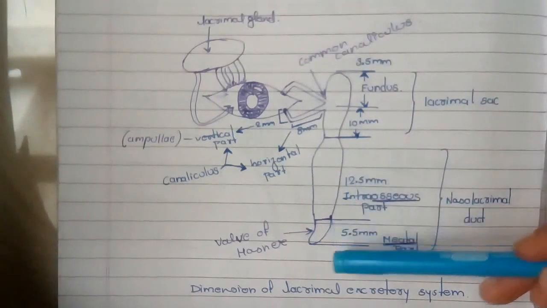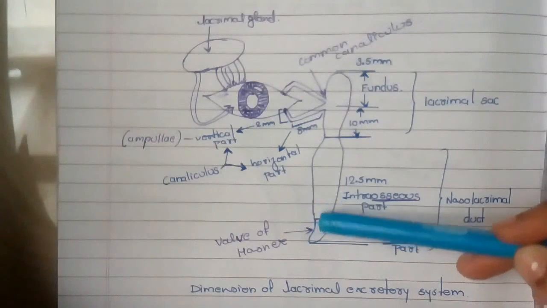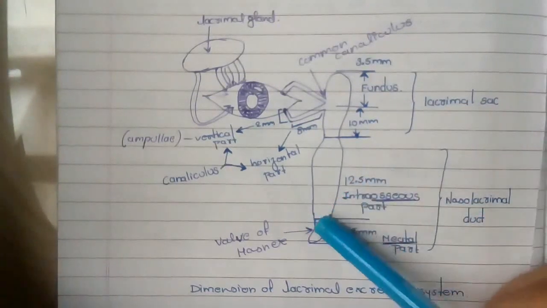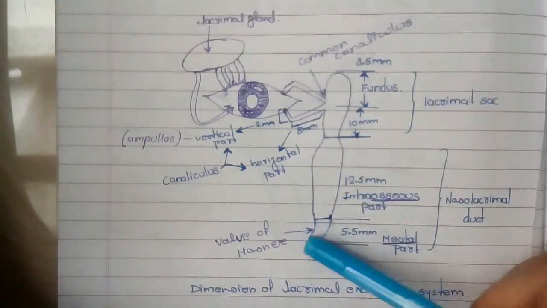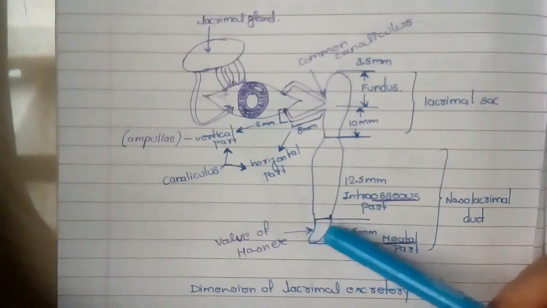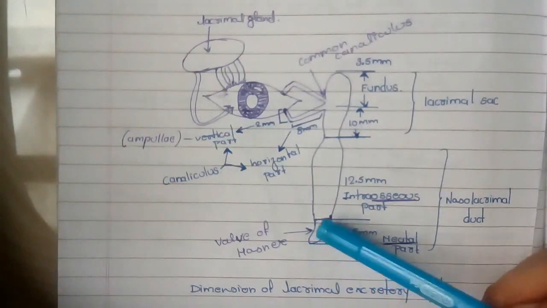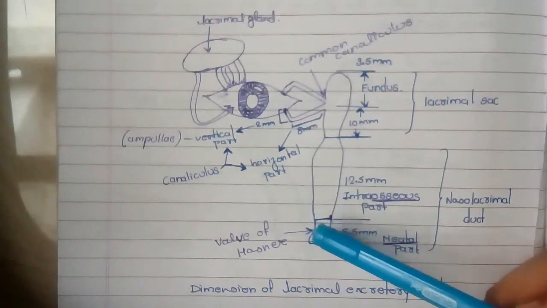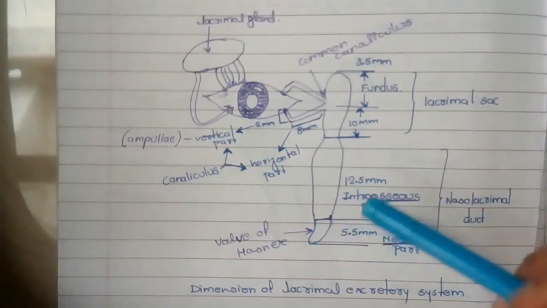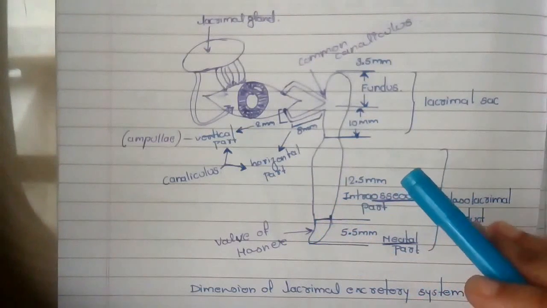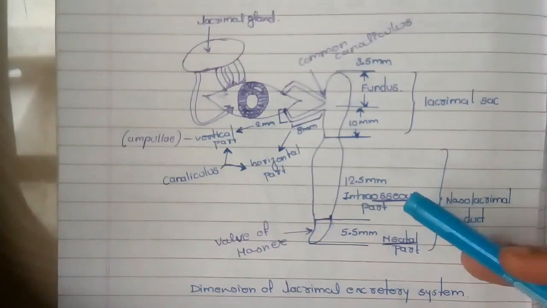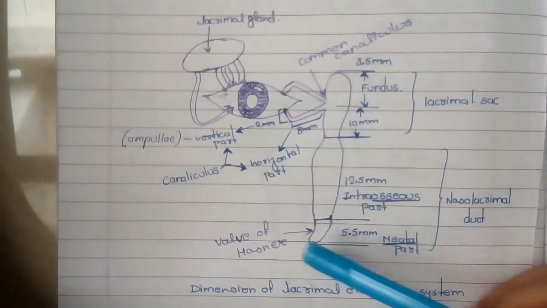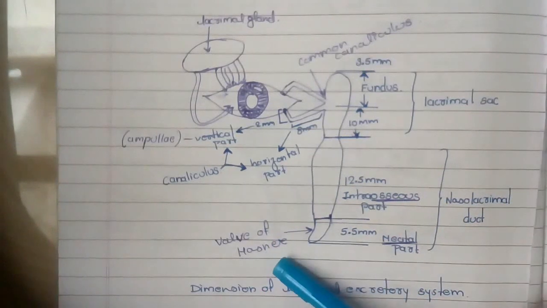The upper end of the nasolacrimal duct is the narrowest part. The mucous lining forms an imperfect valve at the orifice into the nose. That is called the valve of Hasner.